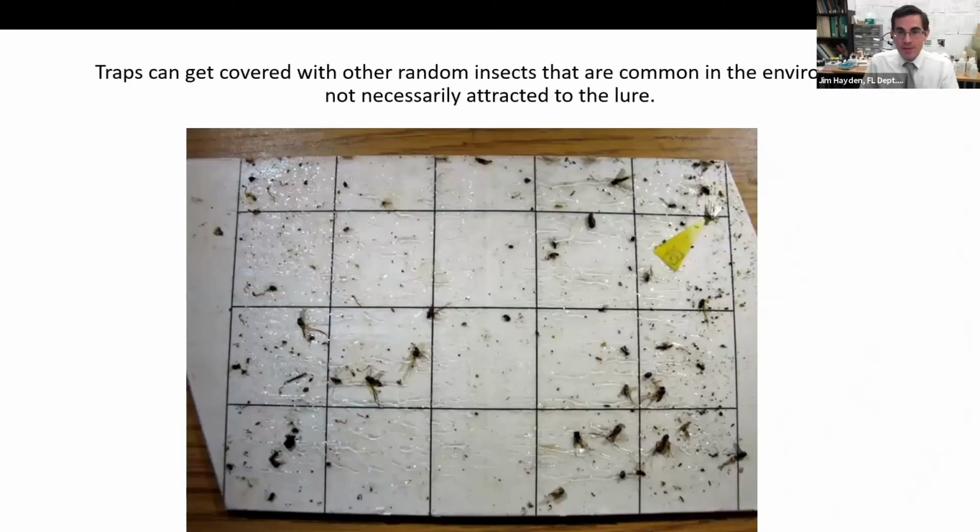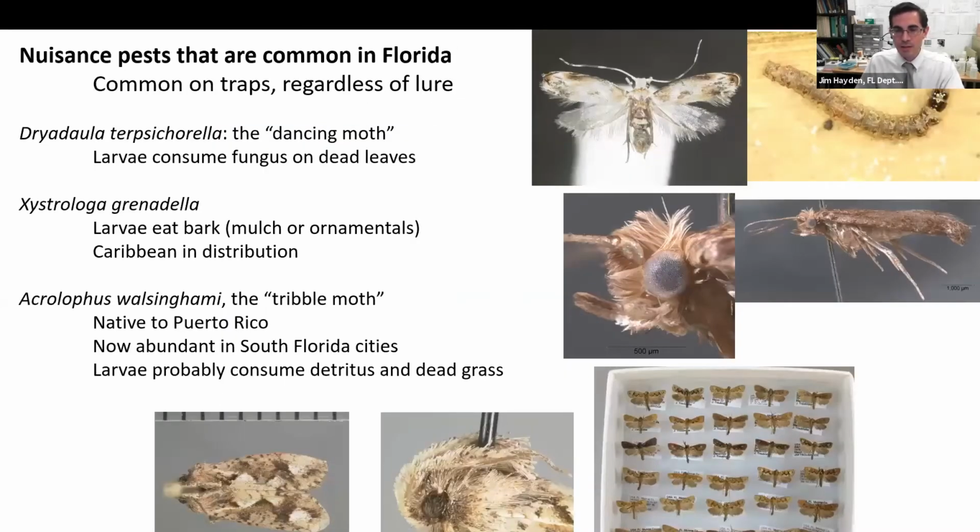Well, fun discoveries. This is what a glue trap looks like. And traps can also get covered with other kinds of random insects. If you see a whole bunch of moths on a trap, they might actually just be feeding on detritus or other stuff. In Florida, we often see a lot of tineids just on traps, only because they occur in big numbers, feeding on garbage or whatever in their environment.